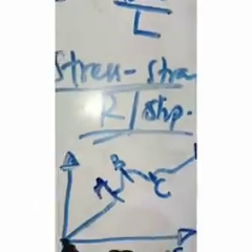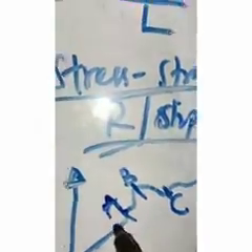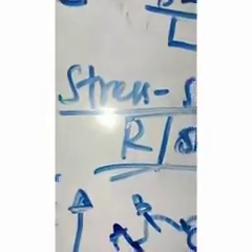Now, considering this diagram, a certain material will sustain from point 0 to point A, and when it gets to point A, this limit is called the limit of proportionality.